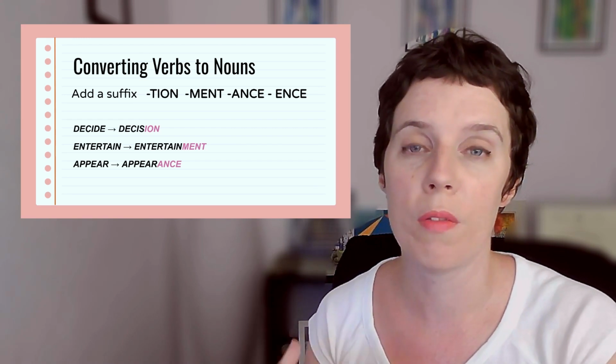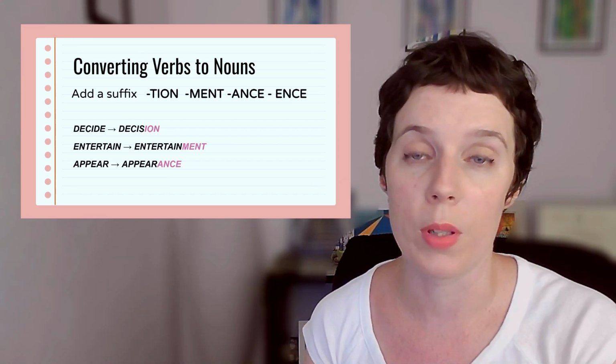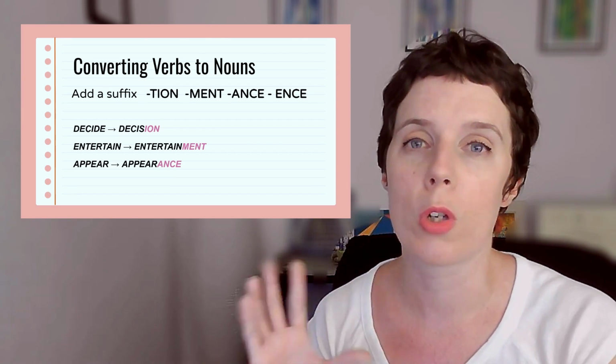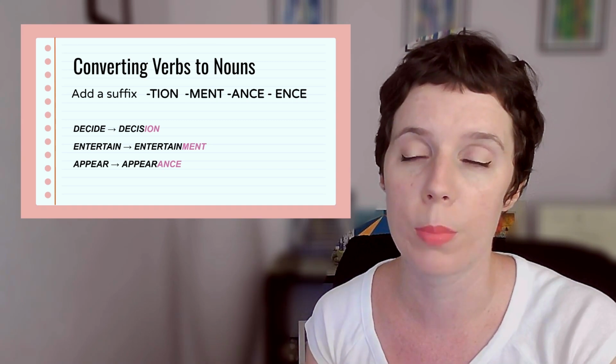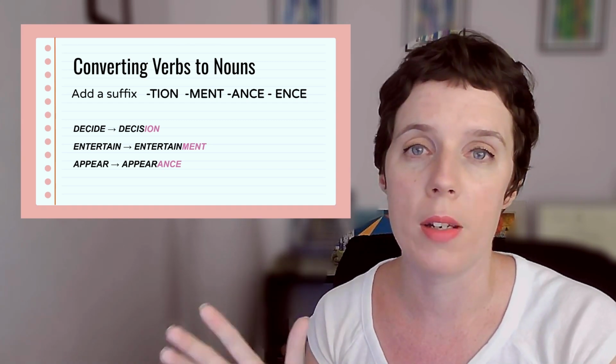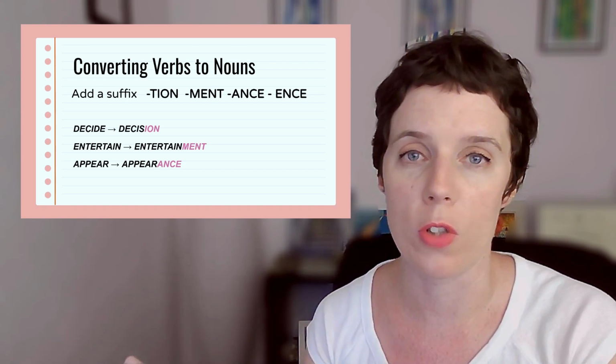If you want to convert a verb to a noun, all you have to do is add a particular suffix. The most common suffixes or endings that you need to add to a verb are -tion, -ment, -ance, and -ence. They're your common endings to change verbs to nouns.